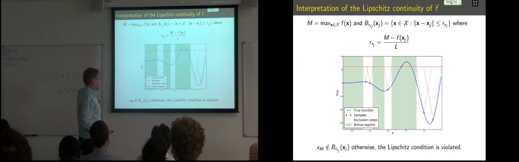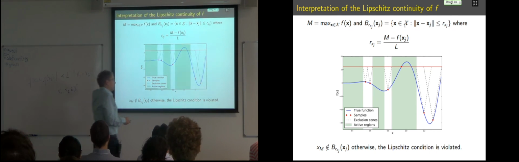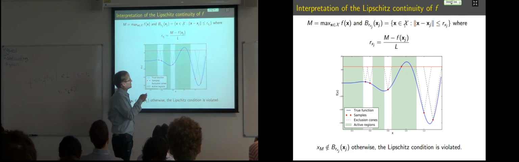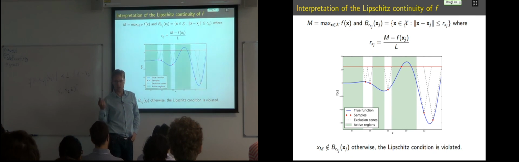So essentially, say I think I have this function here, I have collected these evaluations, and my current best, so I think the maximum is here, right? And I have some fixed value of this Lipschitz constant that I know.